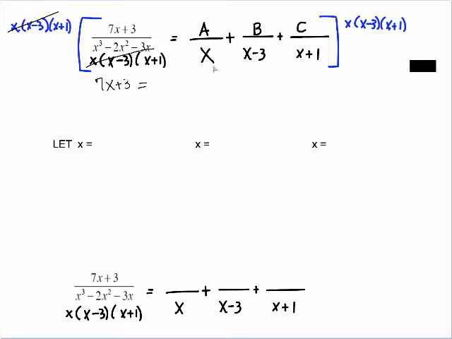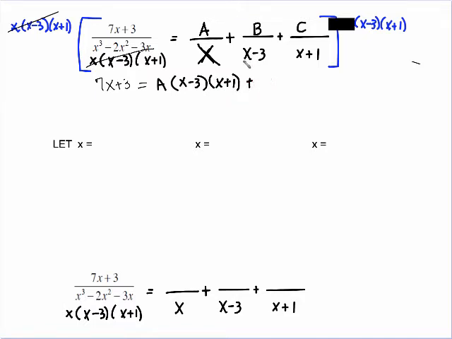Over here, I'm going to cancel out this x with this x, and I'm going to move this little bar so we've covered up the x, which shows that it's been canceled out. So that is gone, and what we have now is A times (x minus 3) times (x plus 1). Remember, we're not FOILing anything out, we are just writing these factors here.